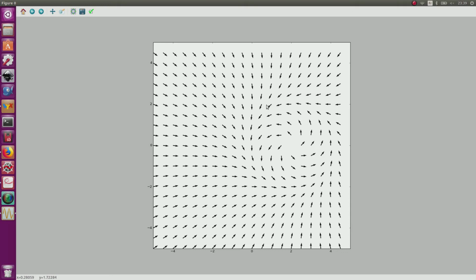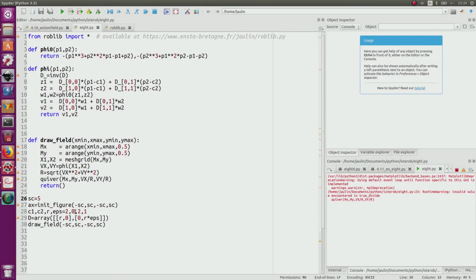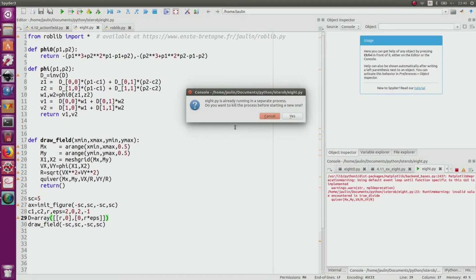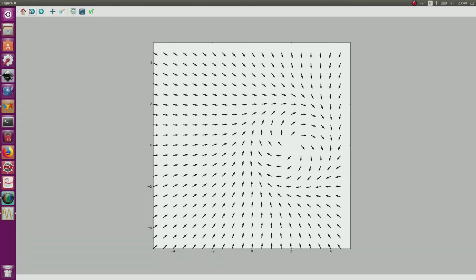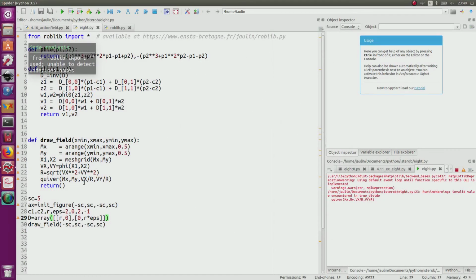If I want to go clockwise, I will have to replace epsilon by -1. Okay, so now it is clockwise. If I want to go to the left, here I will put, for instance, -2.